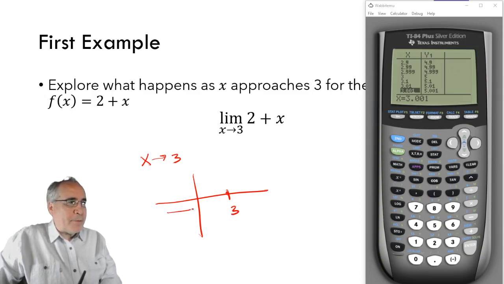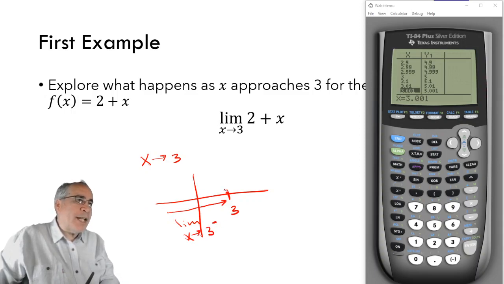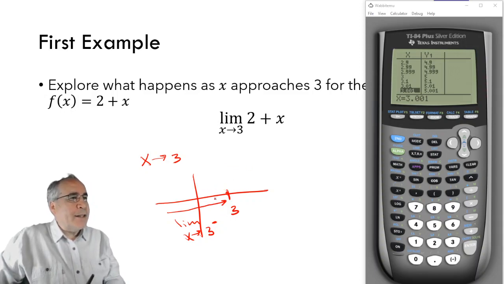As we come from this direction, we would write the limit as x goes to 3 from the left. We put this little negative, coming from the negative direction, but notice they're not all negative. It's really just from the left. What's happening is our y value is getting very close to 5.